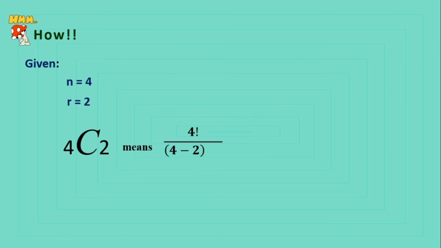Let's apply this. Given n is 4 and r is 2. Therefore, 4 combined 2 means 4 factorial divided by the quantity of 4 minus 2 factorial, 2 factorial, or 4 factorial divided by 2 factorial, 2 factorial, which is equal to 4 times 3 times 2 factorial divided by 2 times 1 times 2 factorial.